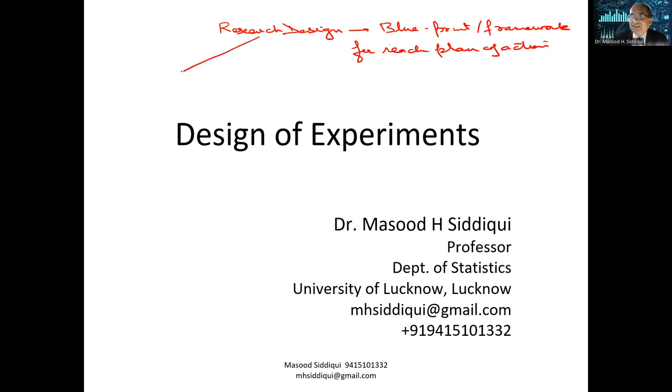Now, this research design can be broadly classified under two categories. One is non-experimental research design, and the other one is the experimental research design. In the non-experimental design, we actually have two designs.